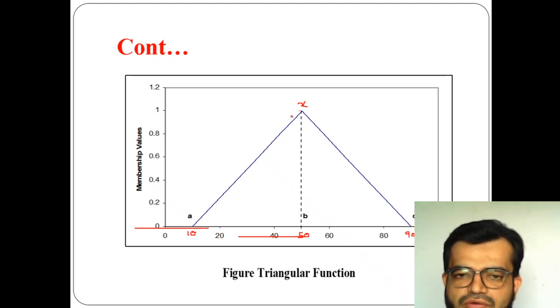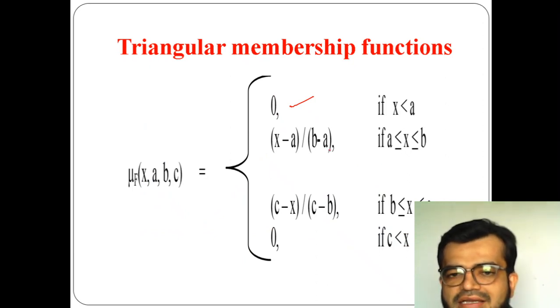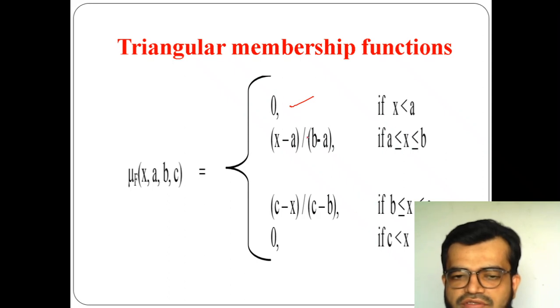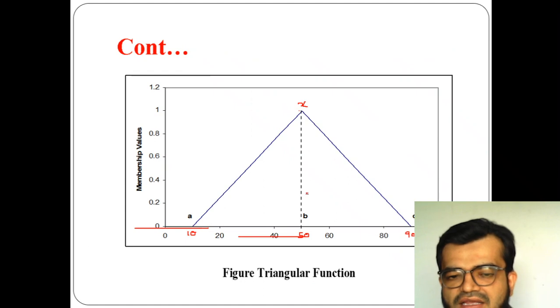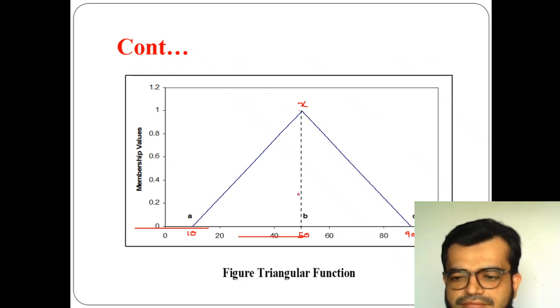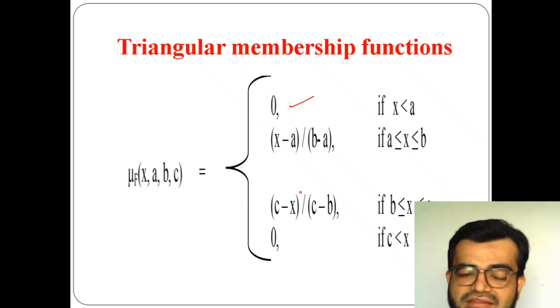So this is the triangular form, and this peak is 1. In that sense the triangular membership is provided. These are the fuzzy sets; these 4 fuzzy sets are there. So we have taken these 4 fuzzy sets in one triangular representation.